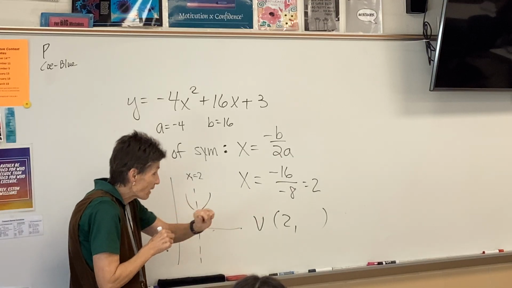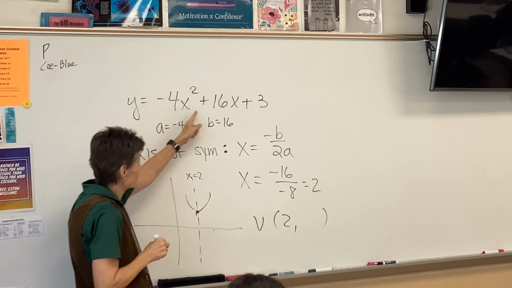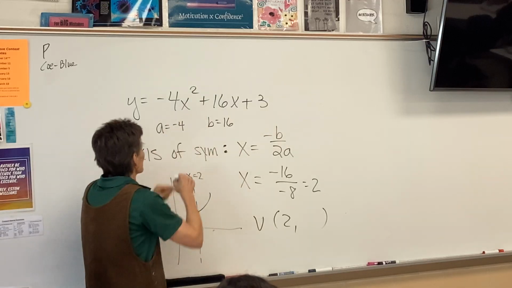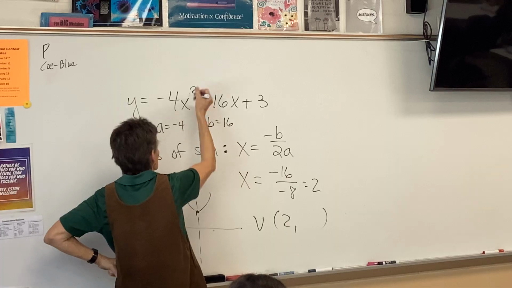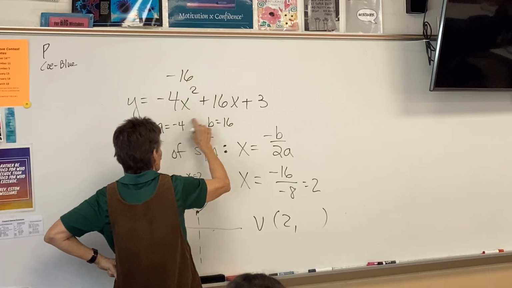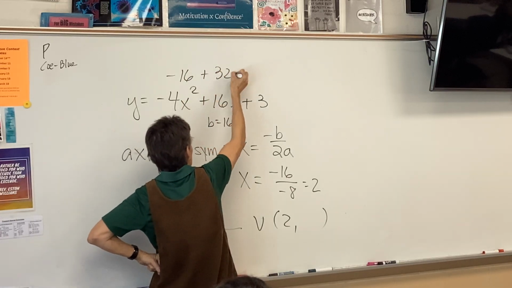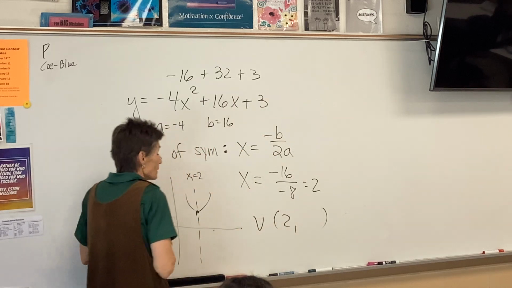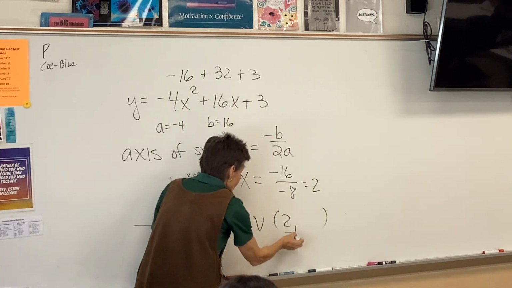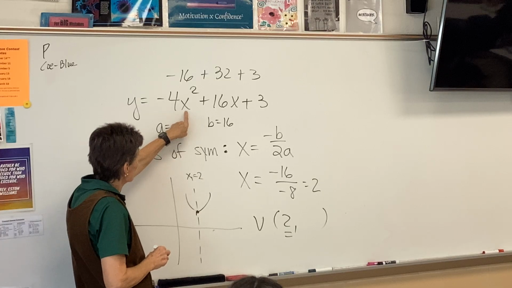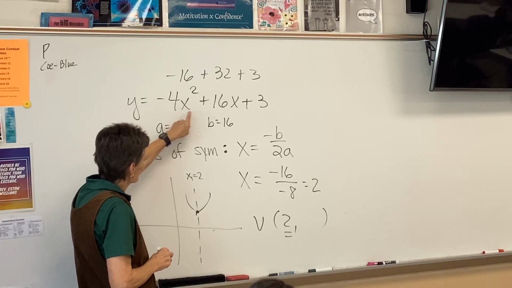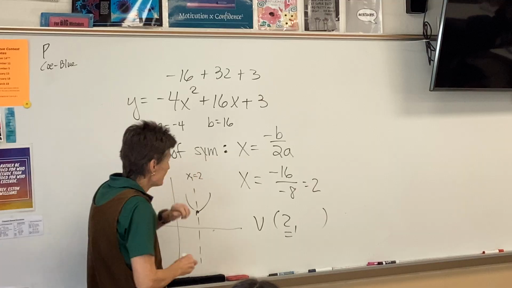and then to find the y, we'll just plug in 2. So watch it. 2 squared is 4. So negative 16 plus 32 plus 3. I put in 2 for x. And that is 19.